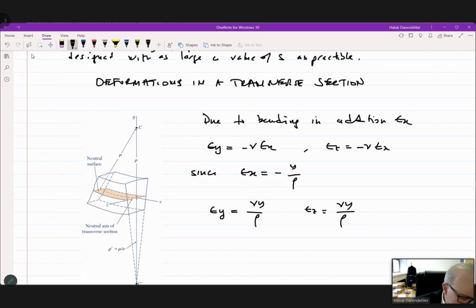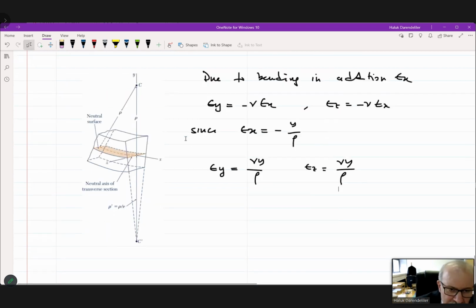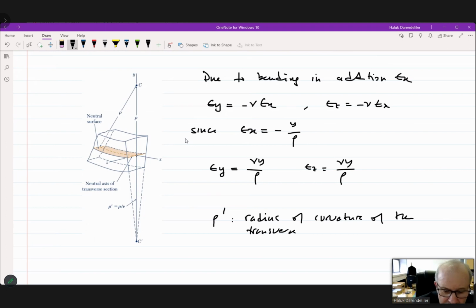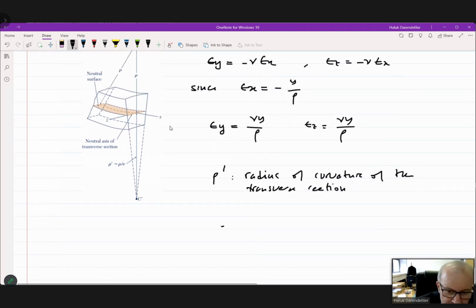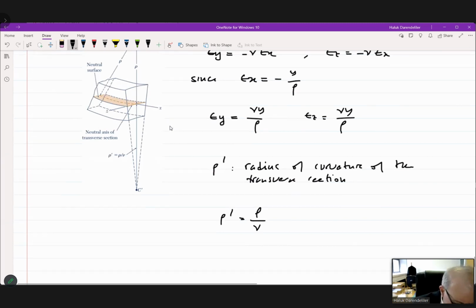Now, knowing these strains, we can say that rho prime is the radius of curvature of the transverse section, as you see on the figure. And its equation is: rho prime is equal to rho over nu.